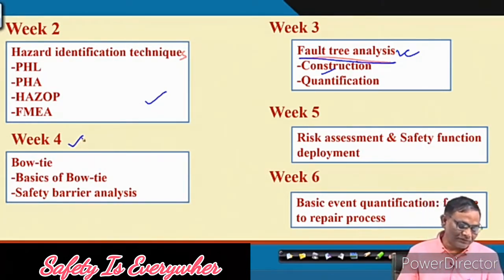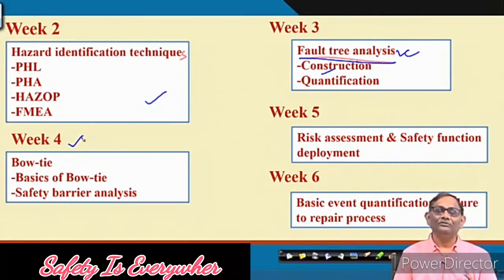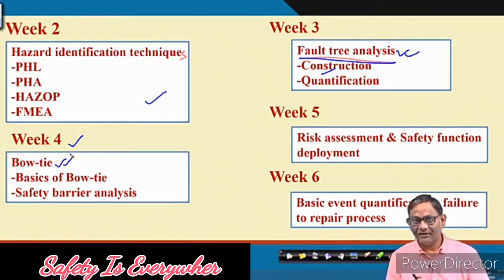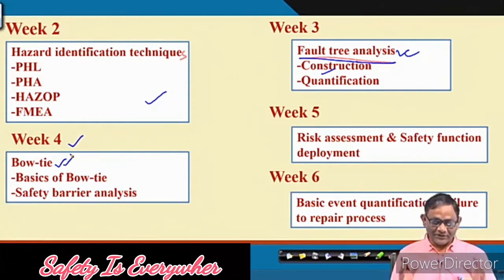And then in week 4, we combined the two and developed the bow tie, where the bow tie has a center event, which is basically the top event for the fault tree or the initiating event for the event tree. So, the center event is linked with the fault tree and event tree, and the entire combination is the bow tie.